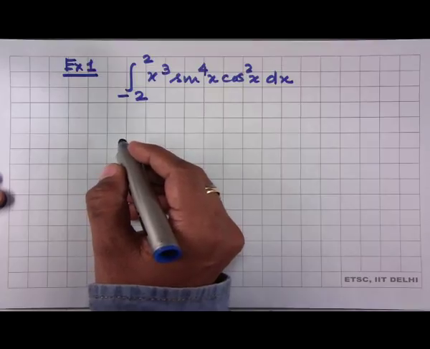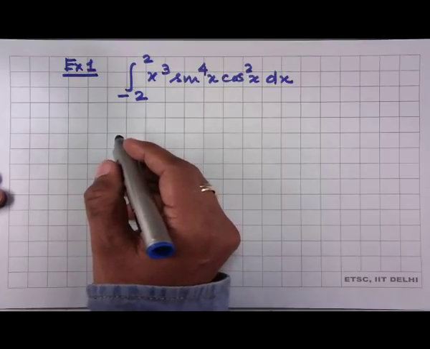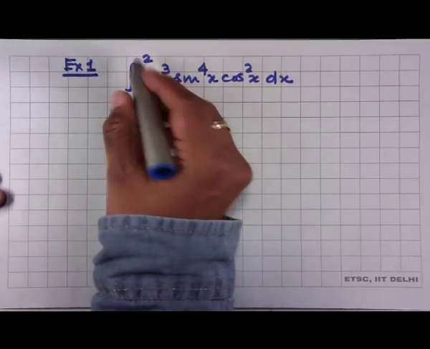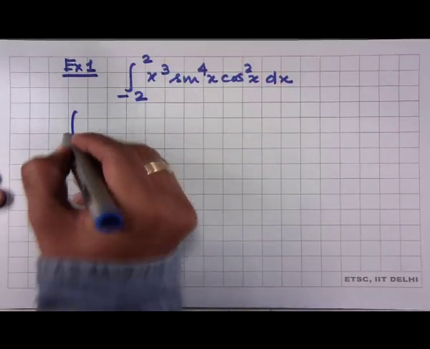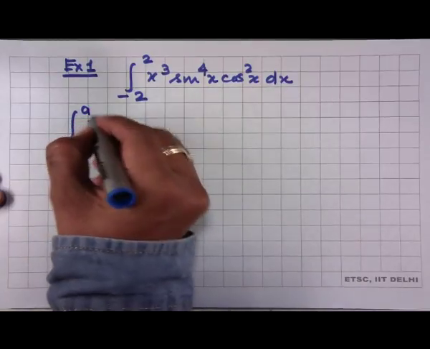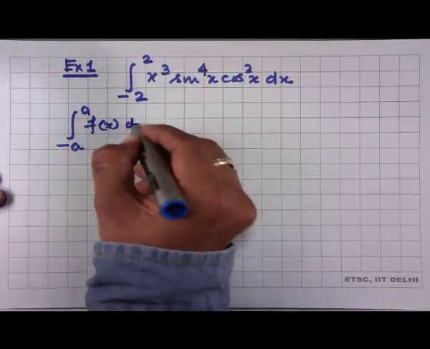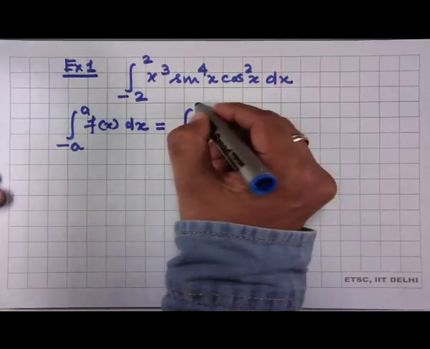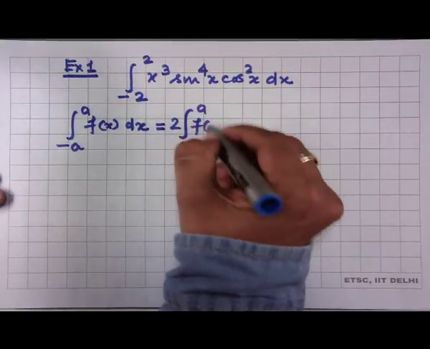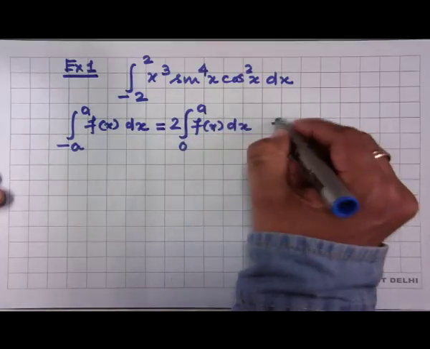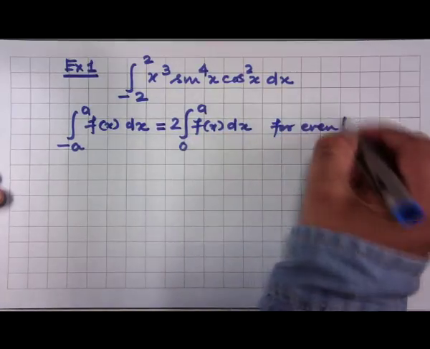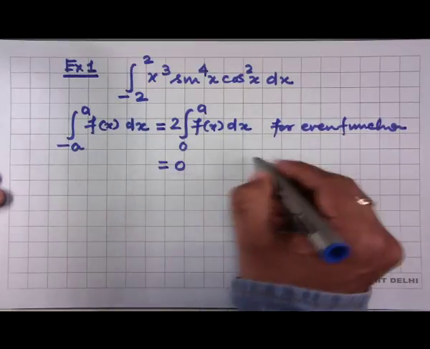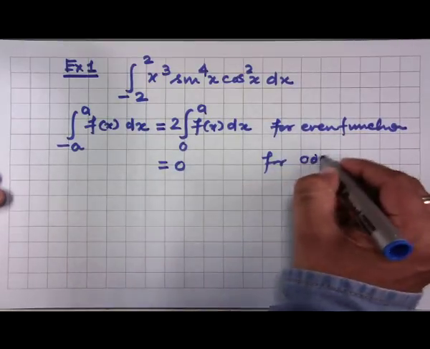You may think that since you have limits from -2 to 2, if the function is even, then this becomes twice of the integral from 0 to a of f(x) dx, and this becomes 0 for an odd function.